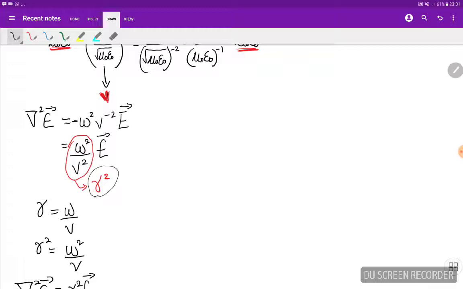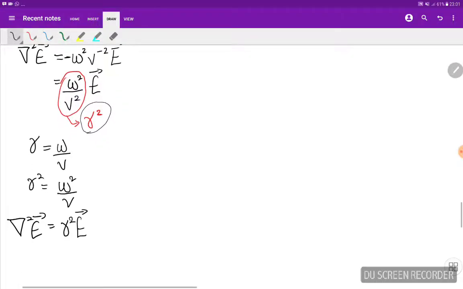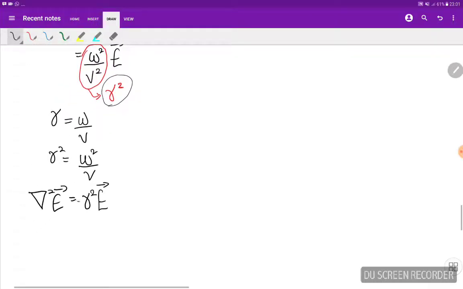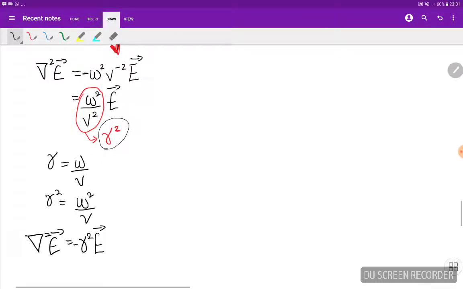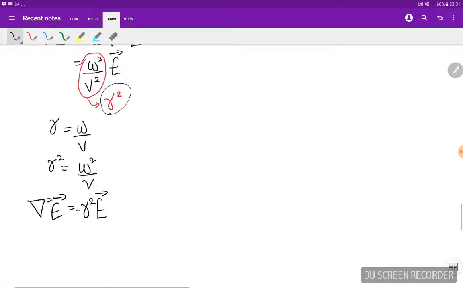So if γ² is equal to ω² over v², therefore the propagation constant is equal to ω over v. I'm putting it back inside. This is minus here, so I can say grad squared E is equal to the propagation constant squared E. So this is what we have.